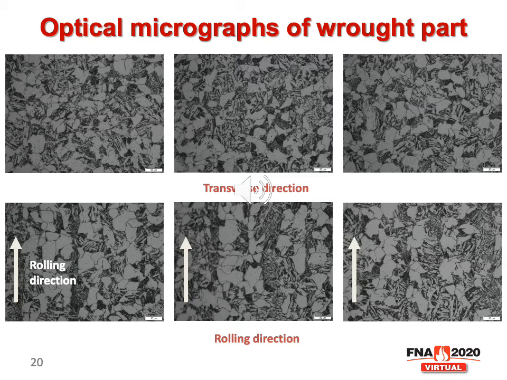And you can see in general, the microstructure is very uniform on both directions. On the rolling direction, we can see the banded structure, but the microstructure is still similar to the microstructure on the transverse direction. So this microstructure looks very different from the microstructure for the selective laser melted part. And it looks like ferrite plus pearlite.